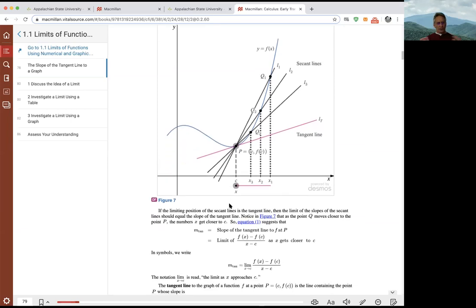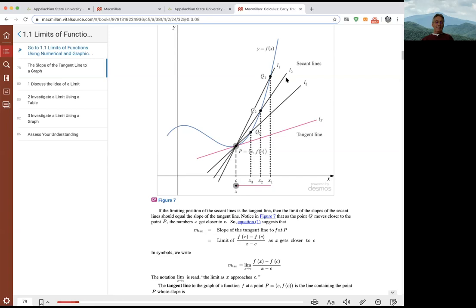Well, one of the terms we're going to be discussing is the idea of a limit. And notice what it's saying down here. As x gets closer to c, what we want is the slope of this line. And we don't know it, because we need two points. All we've got is one point.